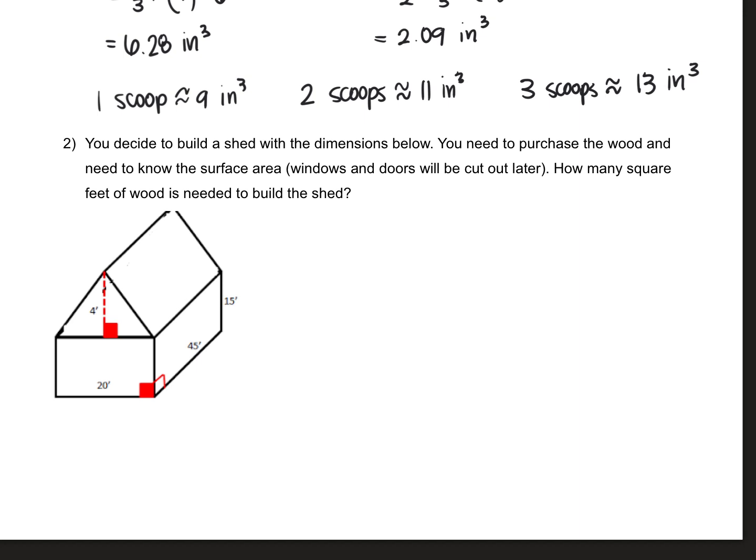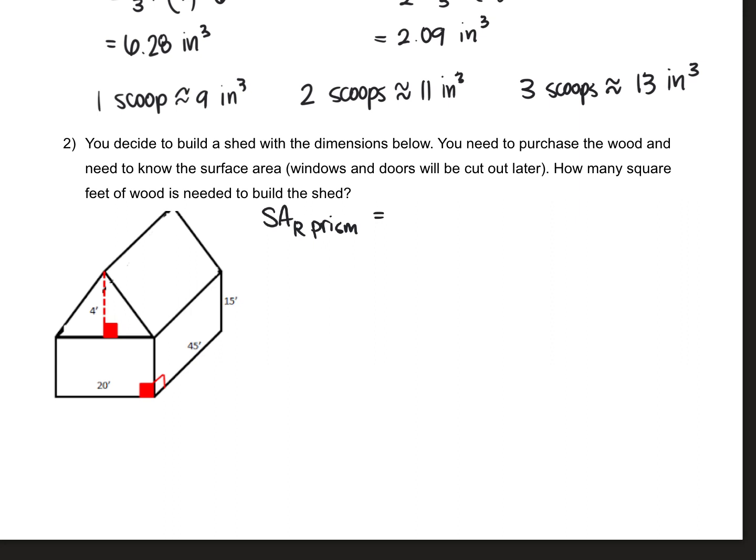So I'm going to start with the surface area of the rectangular prism. That's my bottom of my shed. Now normally surface area is 2 times the area of the base shape plus the perimeter times the height.